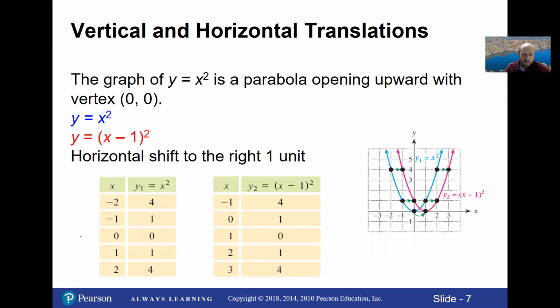Another type of translation would be a vertical and horizontal translation, or basically shifts.